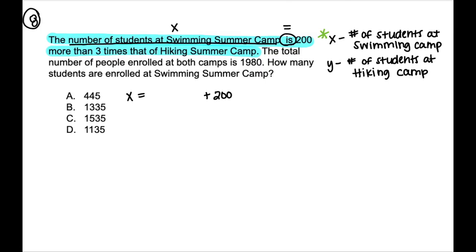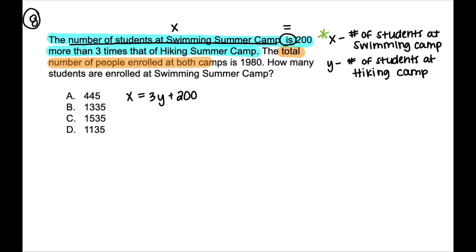So the number of students at swimming summer camp is 200 more than, so something plus 200, 3 times that of hiking summer camp. Okay, so it's 3 times the number at hiking camp, and then 200 more than that. So it's 3 times y plus 200.